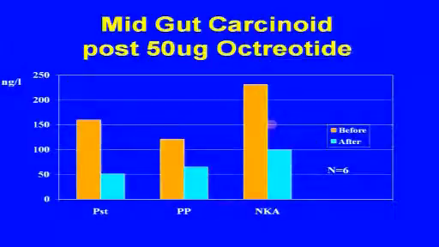And we see that if we give a single dose of a somatostatin analogue, and we look at several of the markers, and here we're looking at pancreastatin, which is a little bit of chromogranin A and has been used by many groups as a surrogate marker really for chromogranin A. We're looking at pancreatic polypeptide, and we're looking at one of the tachykinins, neurokinin A, and we see that just with a single dose of somatostatin analogue, we see a nice suppression, not always into the normal range, but a very significant suppression of the circulating markers.